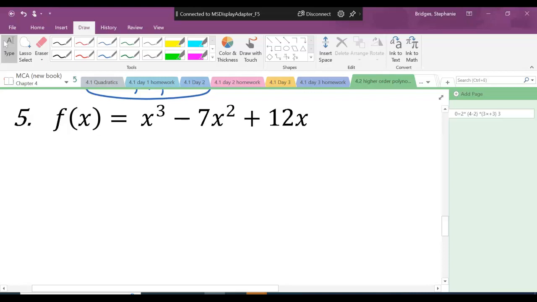Again, set the f of x to 0, and then start trying to factor. You can also just look at your original function to make sure you know exactly how many answers you're supposed to get.